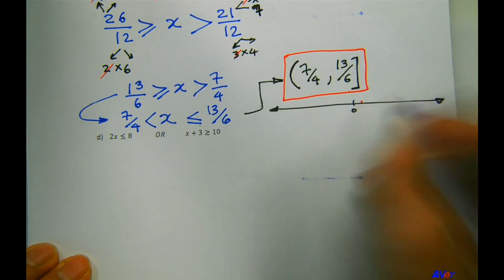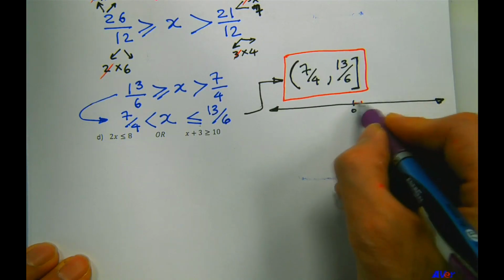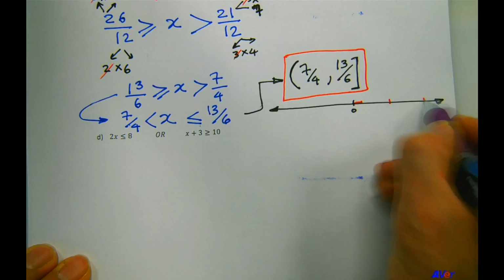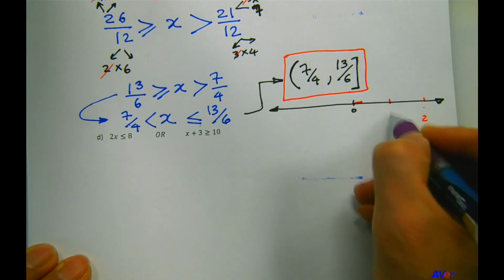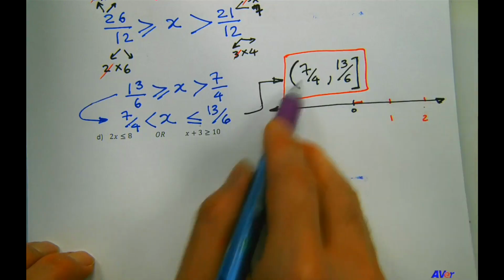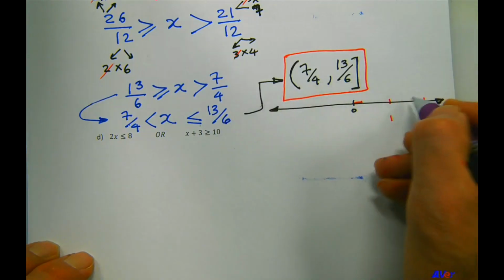Let me spread these out a little more. So this is 1, that's 2. And then 1.75, which would be 7 over 4, would be somewhere here.